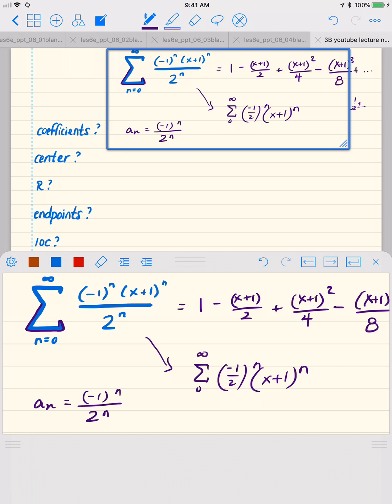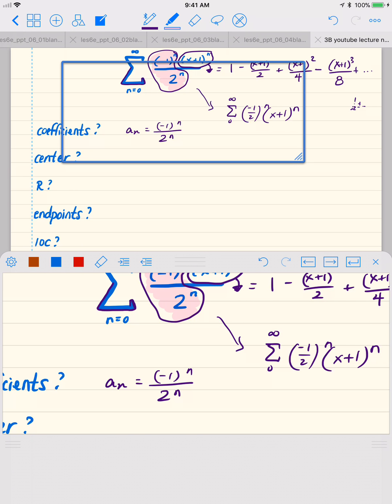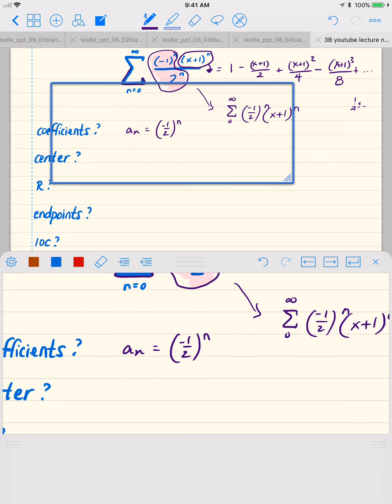So all I did essentially was take this x plus 1 to the n, pull it to the outside, and then combine this coefficient. So this is my coefficient right here. Okay, so we can write this as negative 1/2 to the n. And those are my terms.